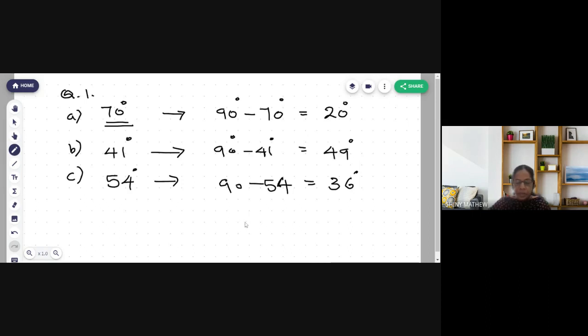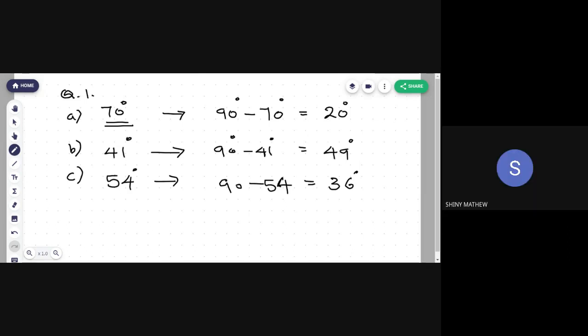Okay. Now you write one more question. The difference in measure of two complementary angles is... The next question: the difference in measure of two complementary angles is. You can see the same question on page number 95.